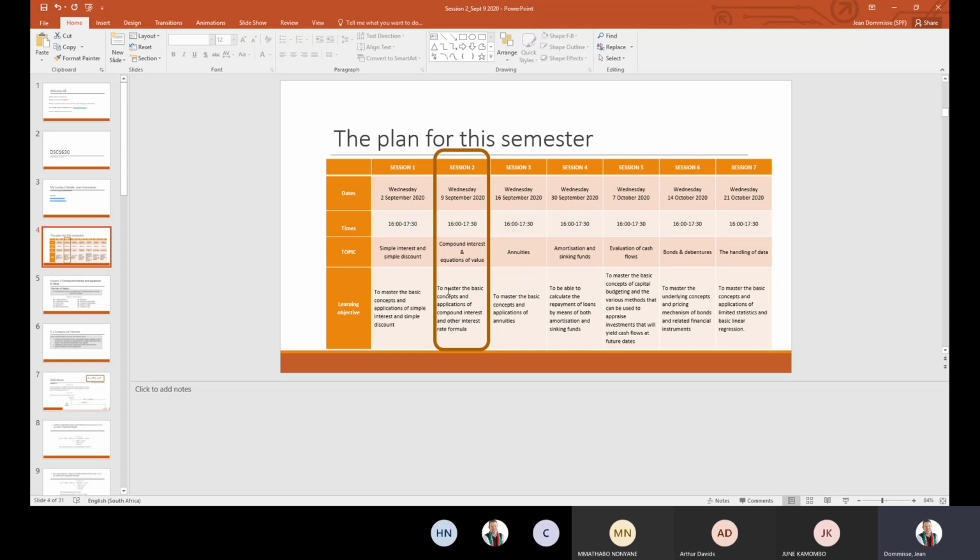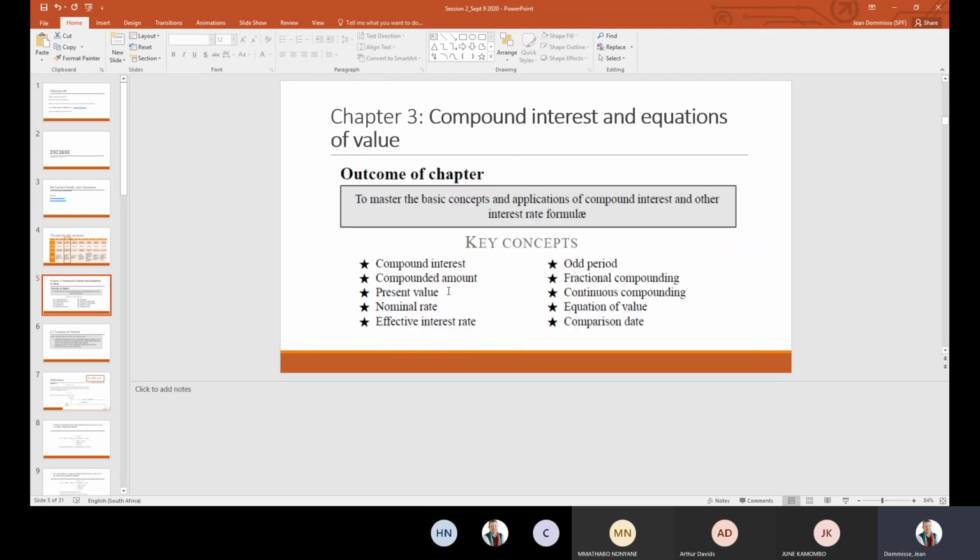Basically today, as with my slides of last week, I looked at your study guide and took the key concepts out of there for myself.